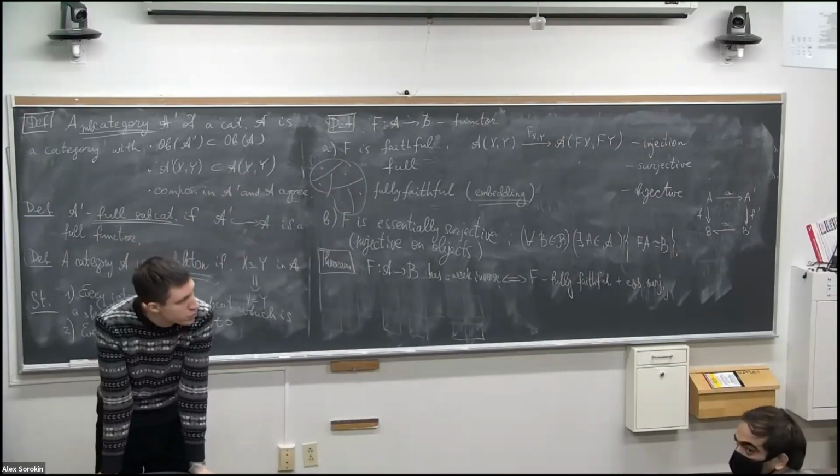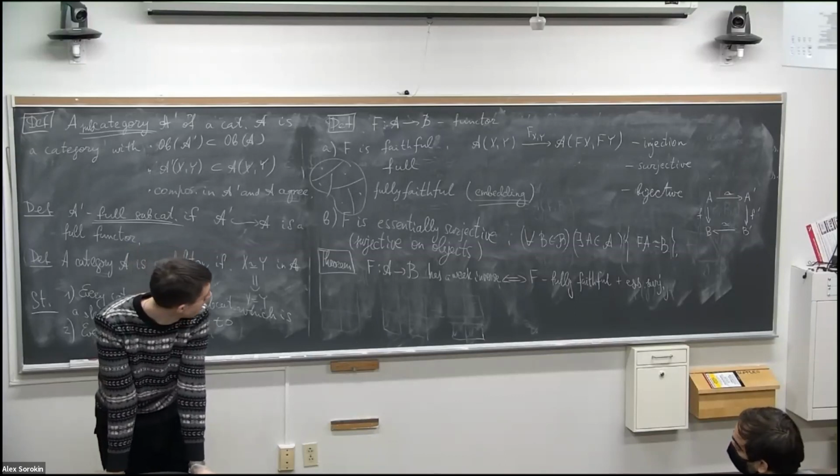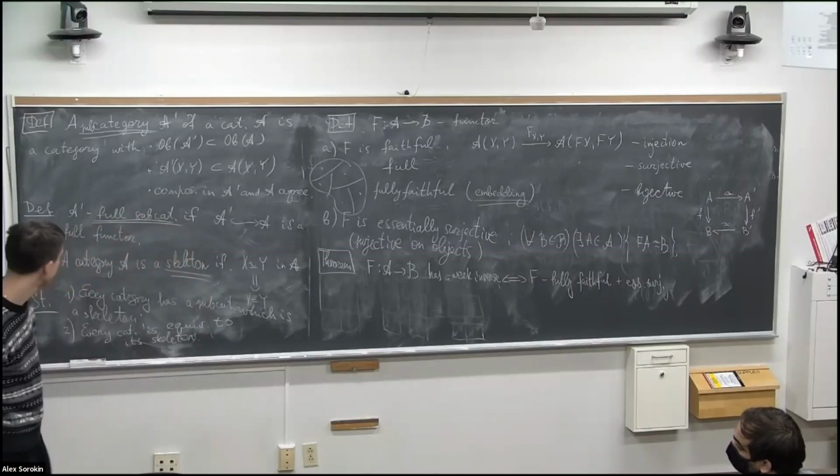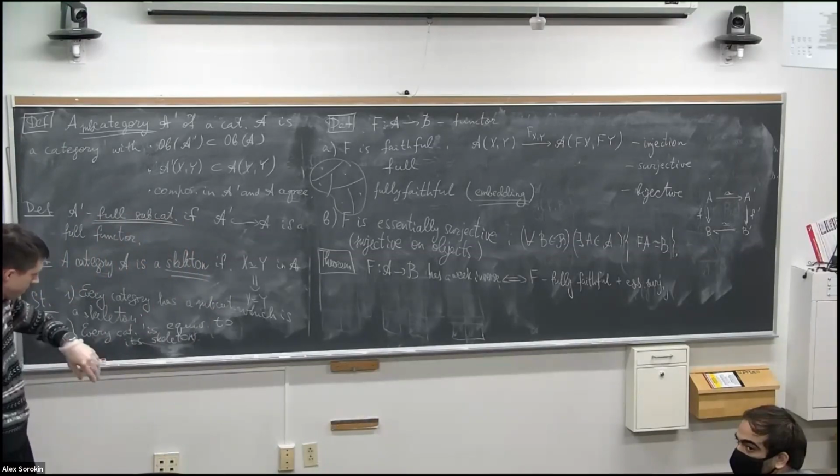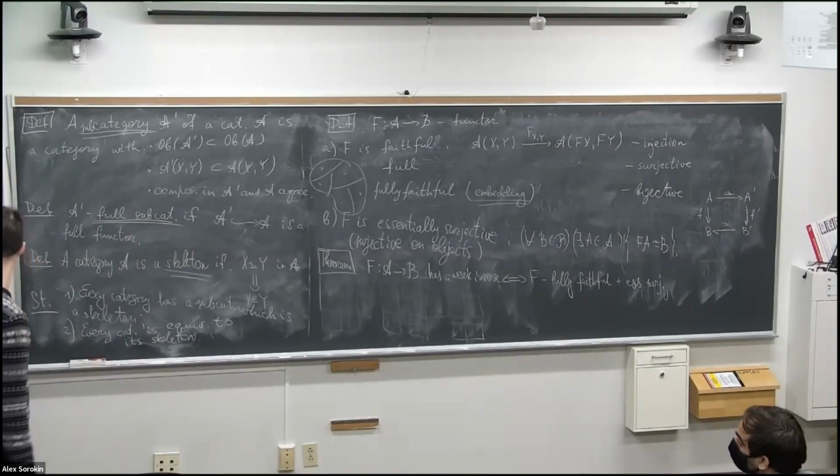But that definition there seems to suggest that a category is a skeleton if objects are isomorphic only whenever they're equal, right?